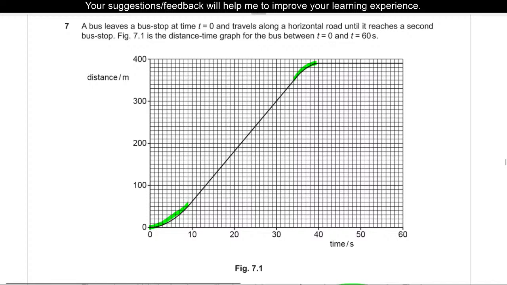This straight line represents the constant speed, and then it starts to decrease. So the maximum speed is the speed which is shown by this straight line, which is the slope of this straight line. So you can take any 2 points from this straight line segment and find the slope using those 2 points, and you will get the maximum speed of the bus.